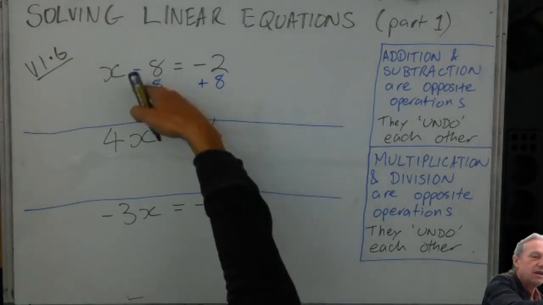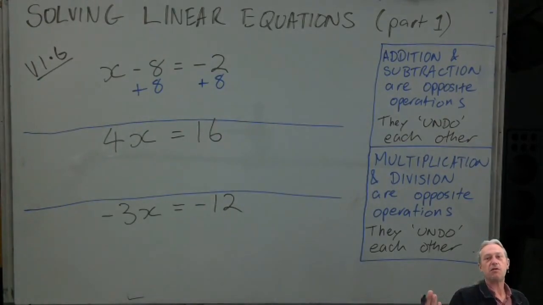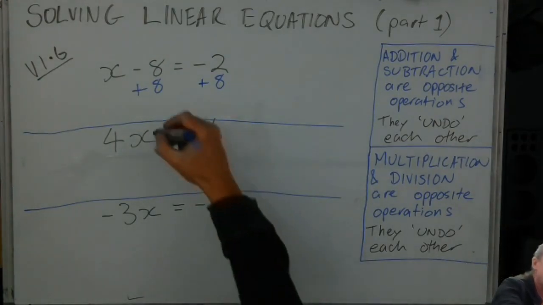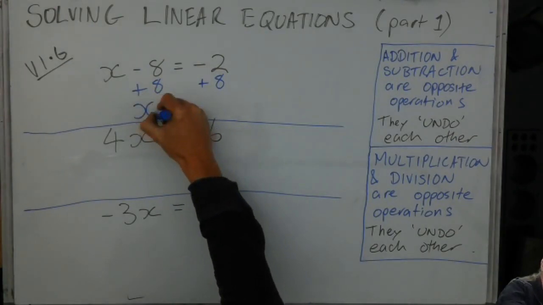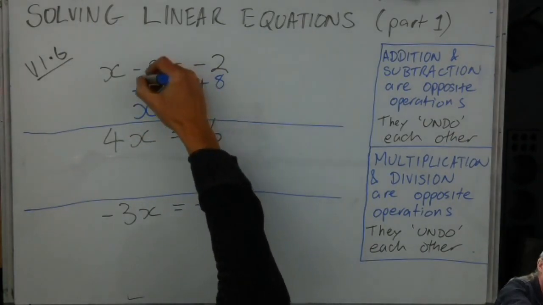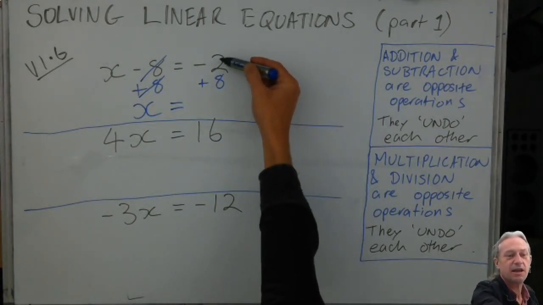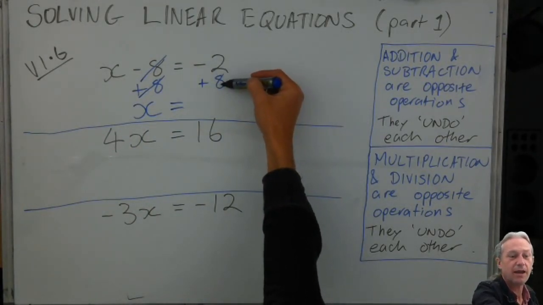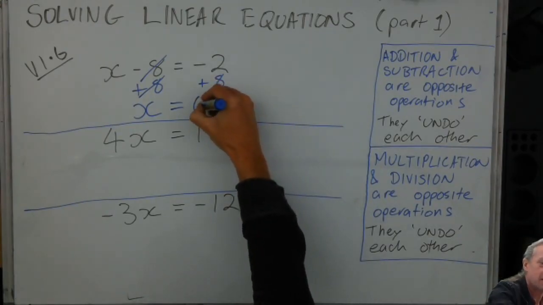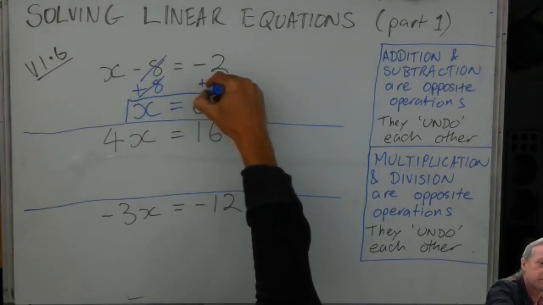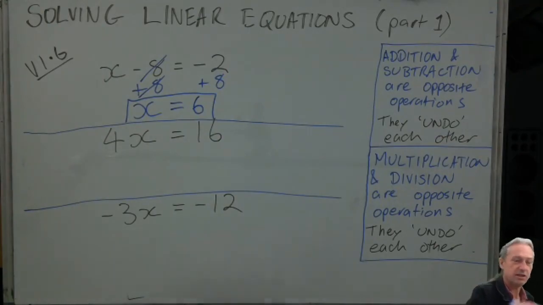So over here, something we don't know, we took away 8 and then we added 8 back on, so really it's like nothing happened. So we get a cancellation over here. And then if we're starting at -2 and we're adding 8, we end up at 6. So that's x equals +6.